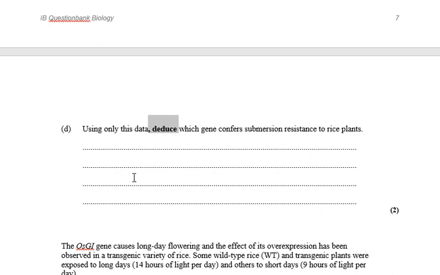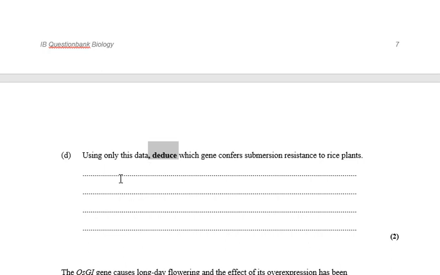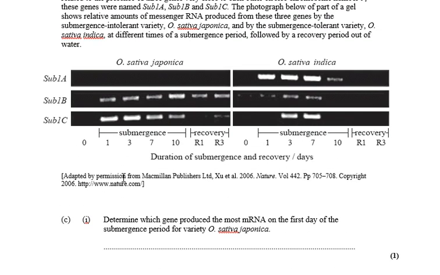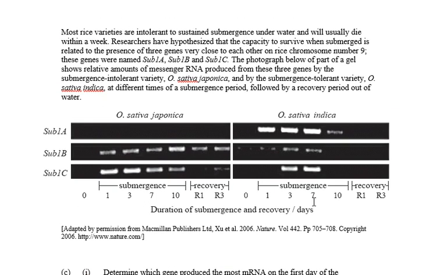Well, we know that indica is the variety that is showing submersion resistance. So this one here has the submersion resistance. Japonica does not show submersion resistance.